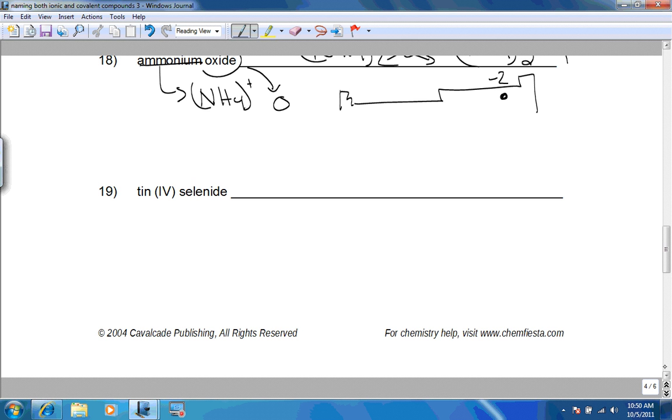Number 19, tin 4. If we look at the periodic table, we find that tin is right... Where's tin?